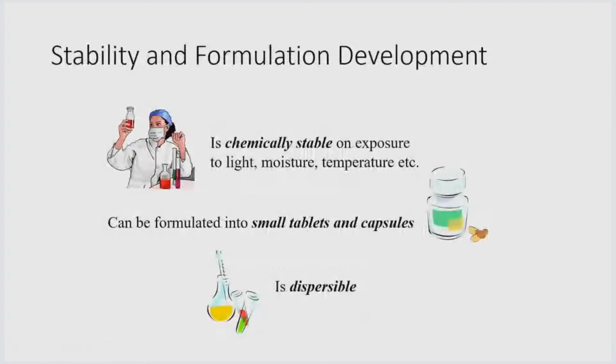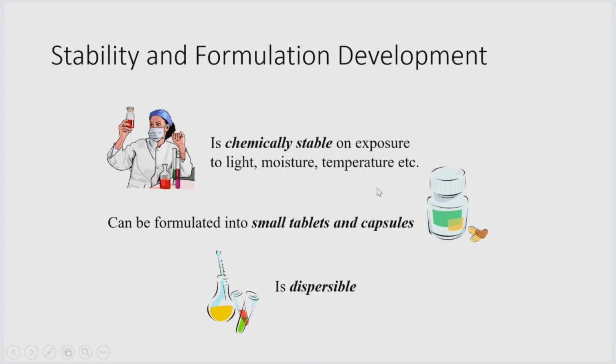Another thing that is tested before they go even to preclinical or clinical is the stability of a formulation. Is this molecule stable? It's not like they start a clinical trial once the drug is promising and then come to know that it is not stable at all. They check stability in terms of light, moisture, temperature.